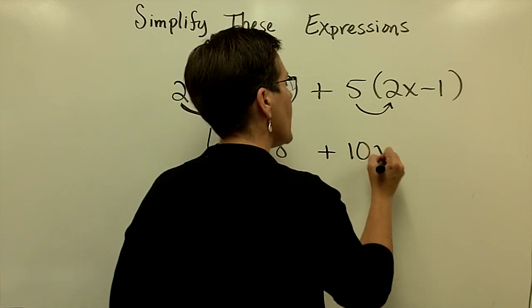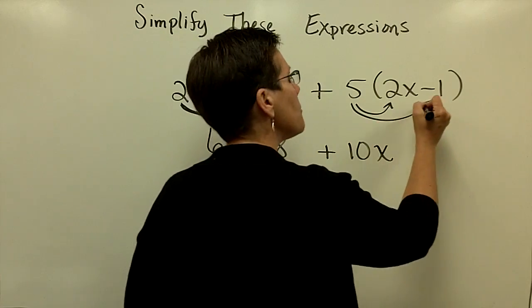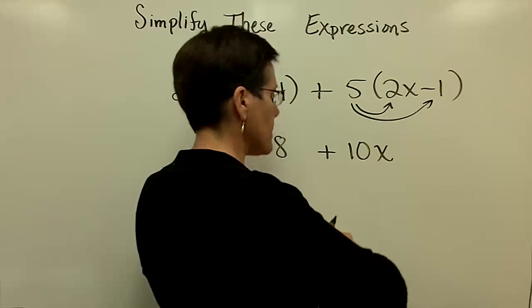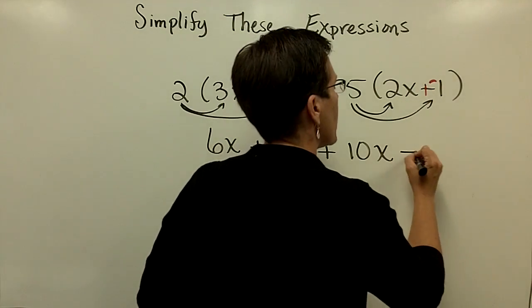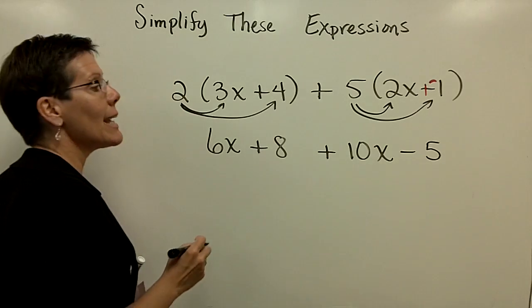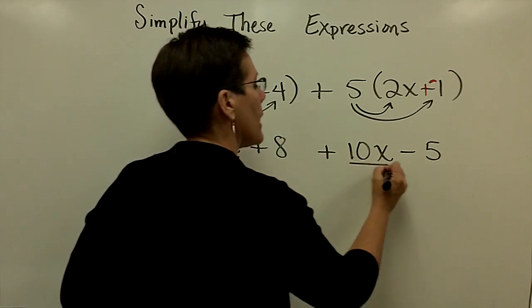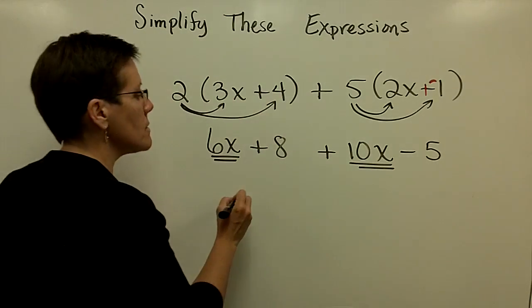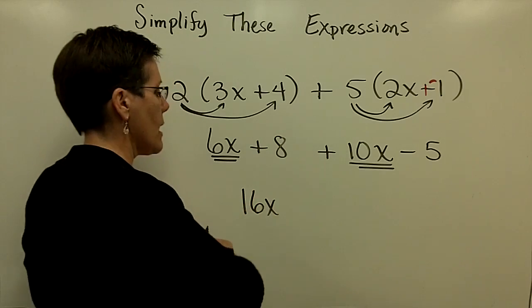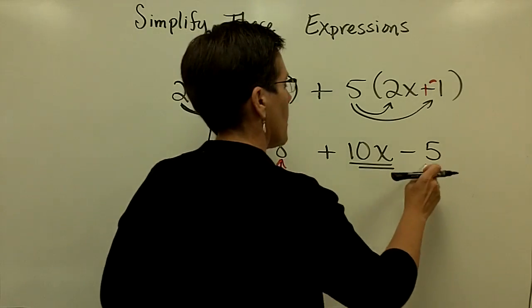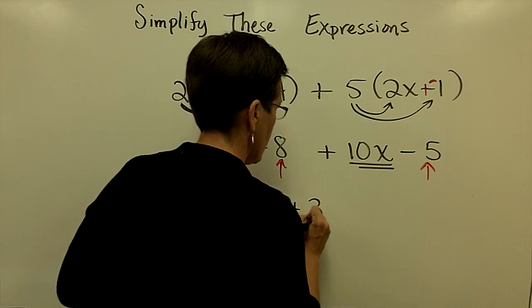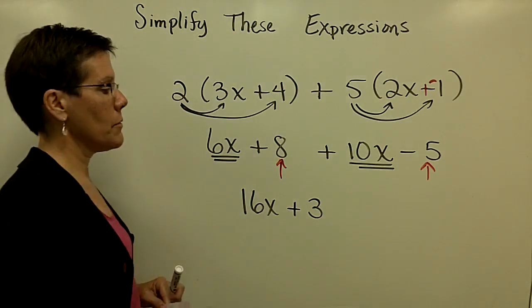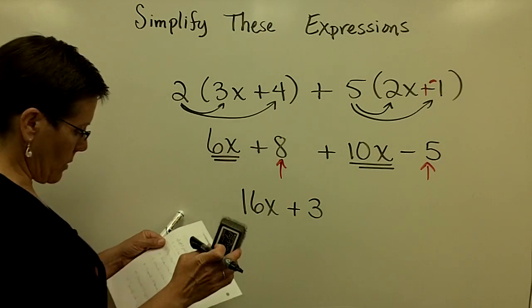That'll give me a positive 10x, and a positive 5 times a minus, that's essentially a negative 1 is what that is. 5 times a negative 1 is a negative 5. And if I have some like terms, I should combine them. So 6x and 10x is 16x, and 8 and a minus 5 is a positive 3. A positive 8 minus 5 is a positive 3. All done. Can't combine those like terms.